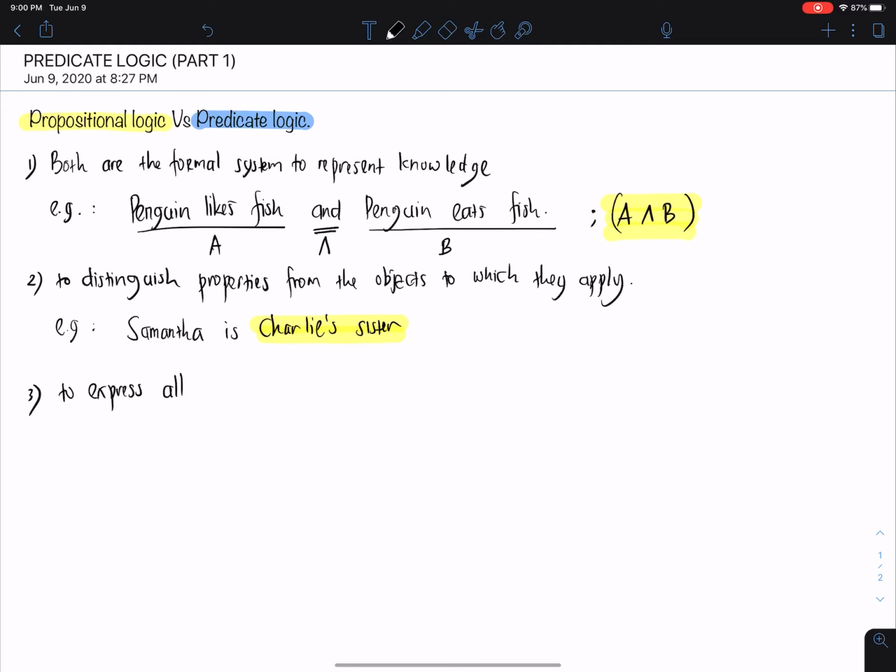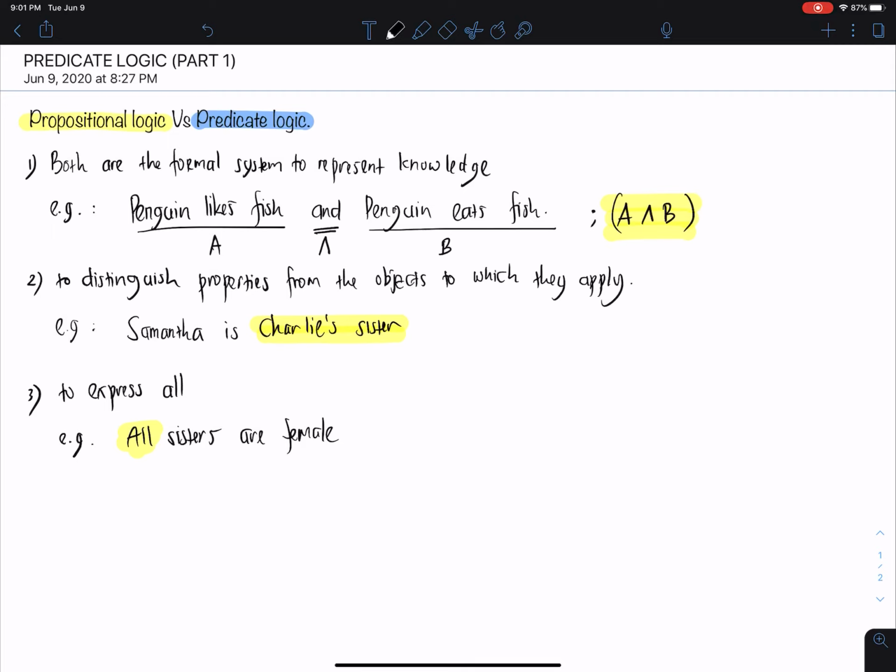For example, if we would like to say all sisters are female, to state all here, propositional logic doesn't have that function.